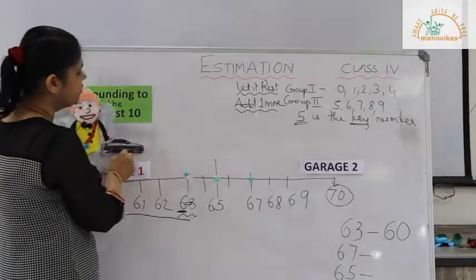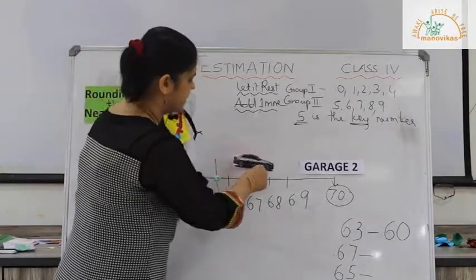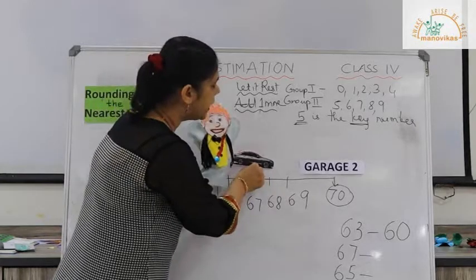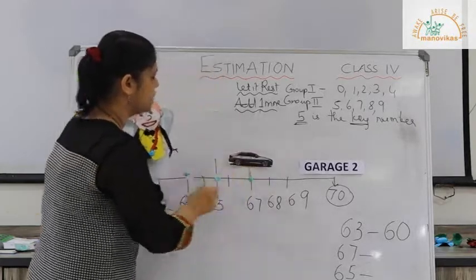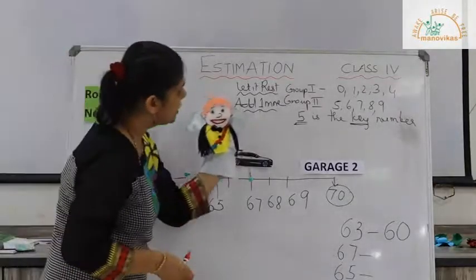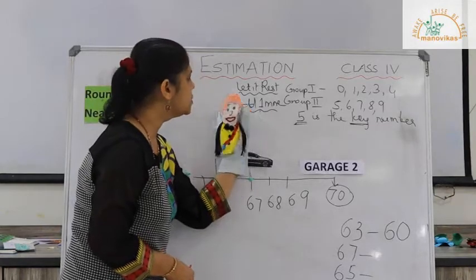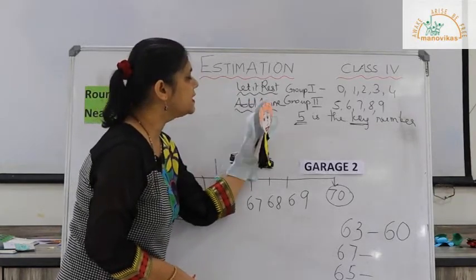Tinku again is driving the car, and when he reaches number 67, his car again breaks down and stops. Now again Tinku needs to take his car to the garage to repair it. He again turns to this side and the other side.